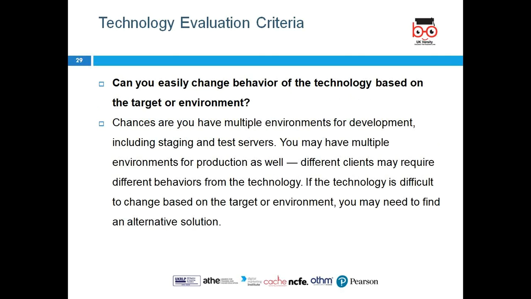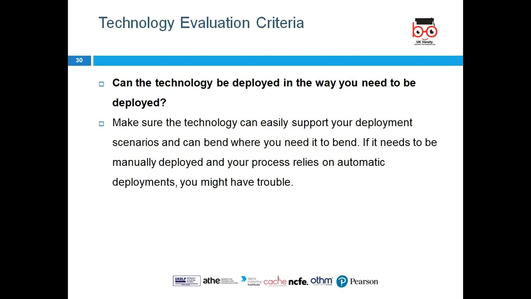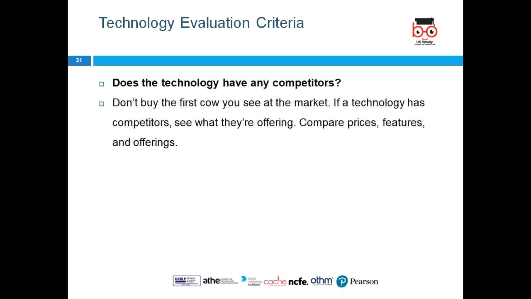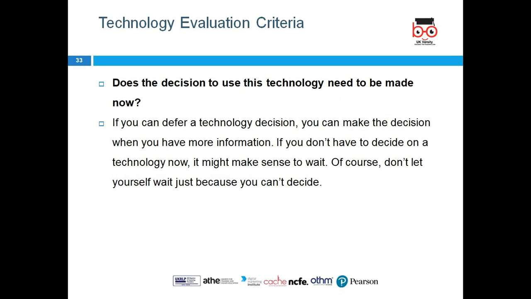Can you easily change the behavior of the technology based on the target or environment? Can the technology be deployed in the way you need it to be deployed? Does the technology require changes to the other technologies in use? Does the technology have any competitors? Does the decision to use a technology need to be made now?